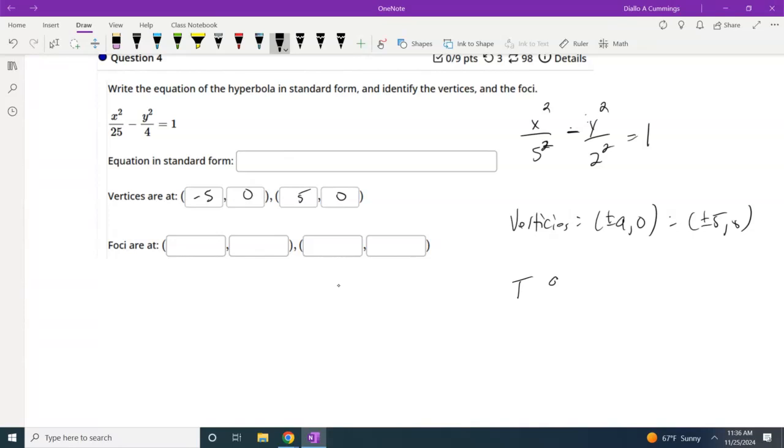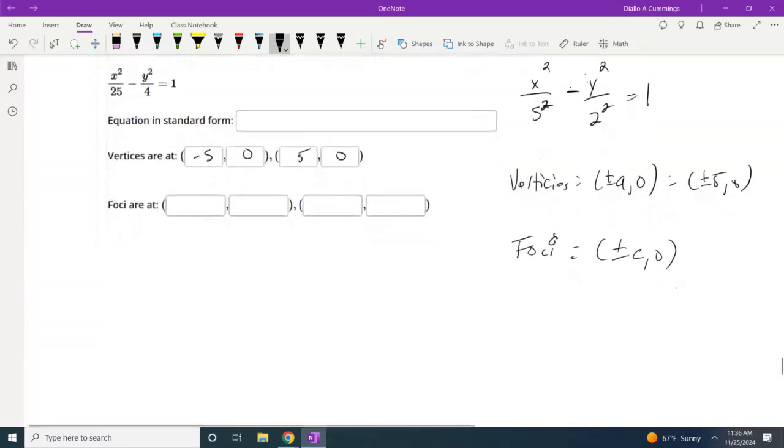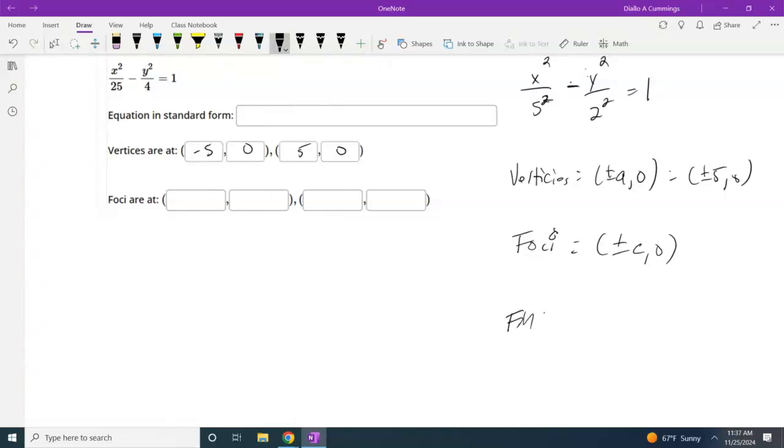And then to find the foci points, okay, from our model form is plus or minus c comma 0. So in order to find c, we use that formula. C is equal to the square root of a squared plus b squared. A squared is 25.